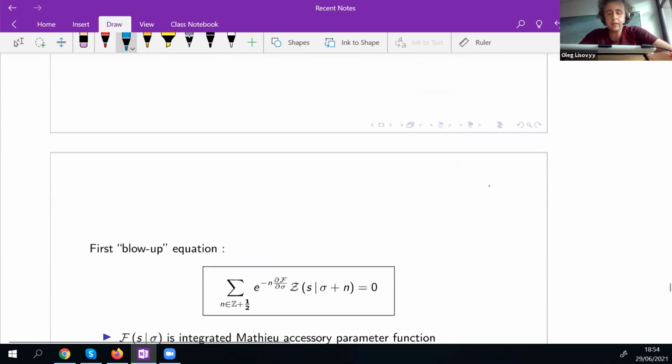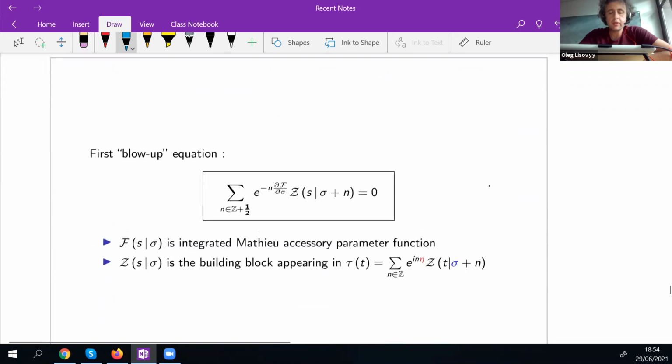Now let us come back to Painlevé tau functions. Recall once again that we have a relation to Mathieu when either the tau function of t or a Backlund transformed tau function has a zero.